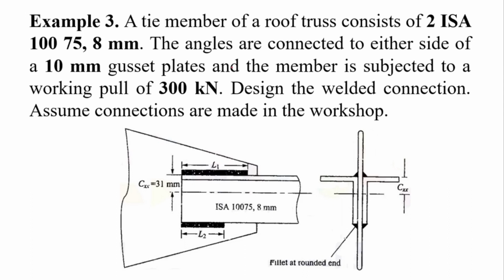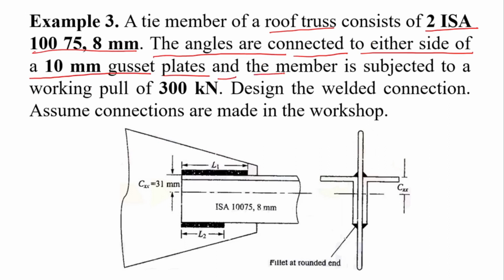A tie member of a roof truss consists of two ISA 175,8 mm. The angles are connected to either side of a 10 mm gusset plate and the member is subjected to a working pull of 300 kN.